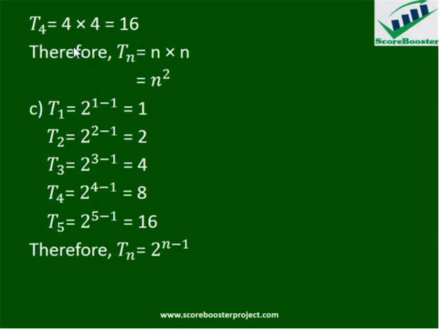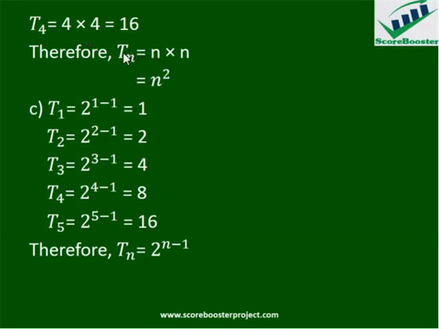So if you want to get the general term now, Tn is the term you are in, n, multiplied by itself. So n multiplied by n is n squared. So you can find T100 even without finding T99. T100 will be equal to 100 squared, which is 10,000.